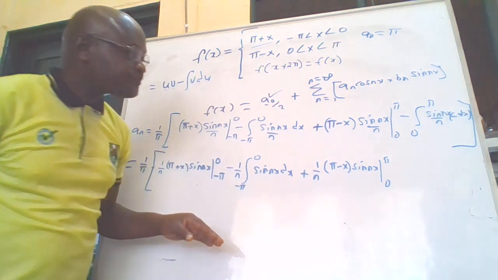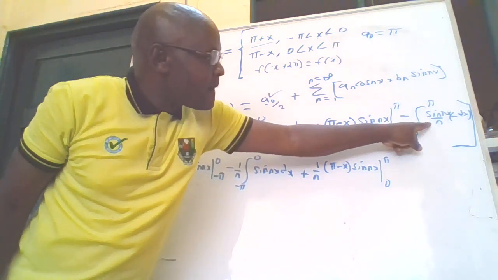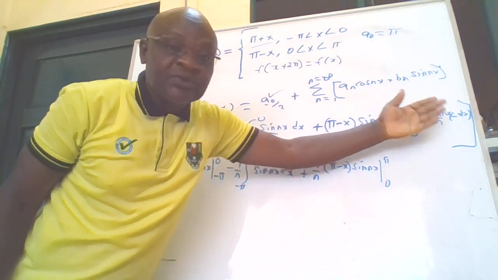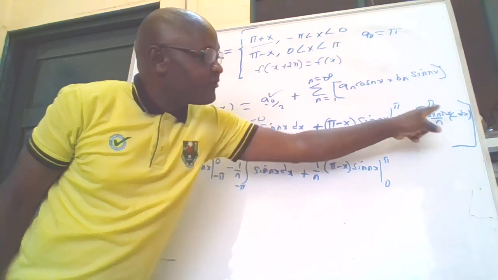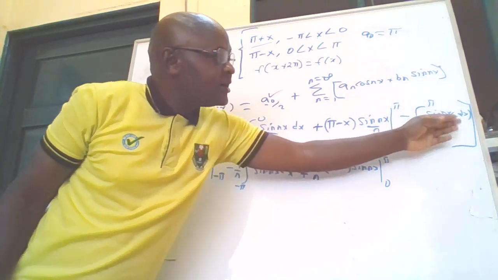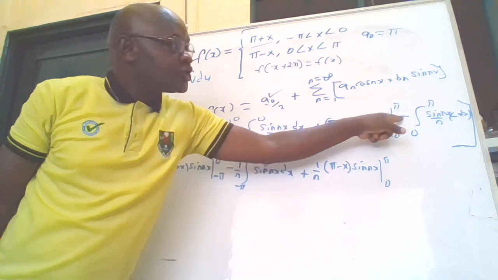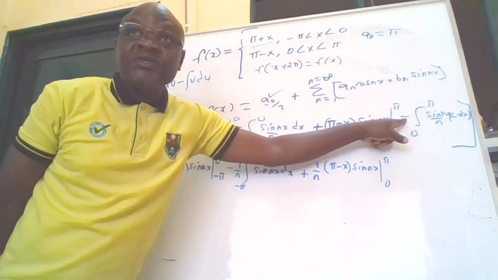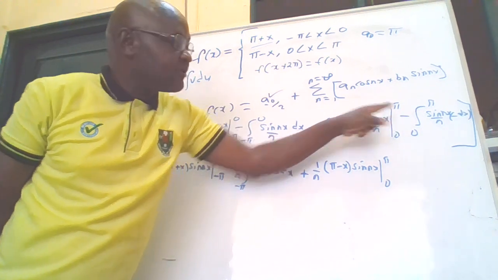That is it. Now here, I also want to take 1 all over n outside. But remember, I have this negative sign. I want to take it out, so that this negative one will turn out to be positive.